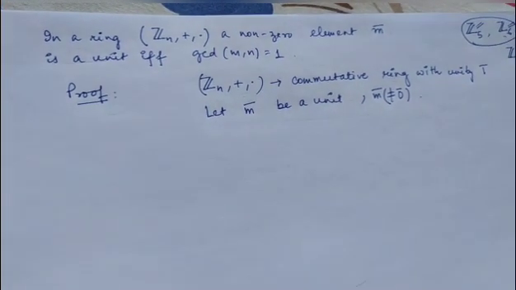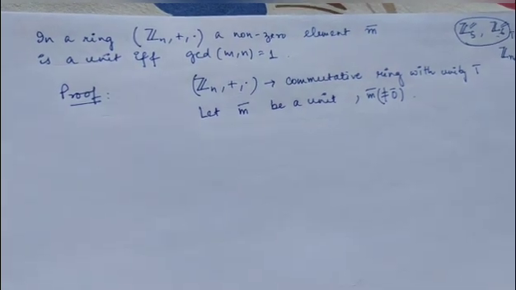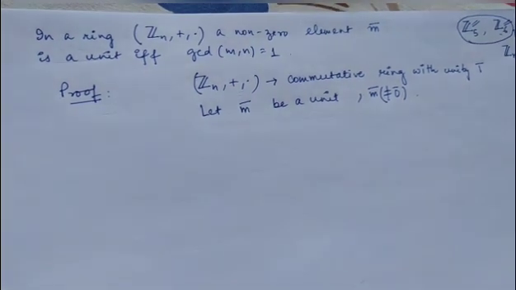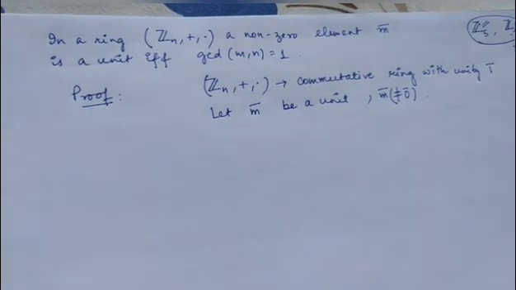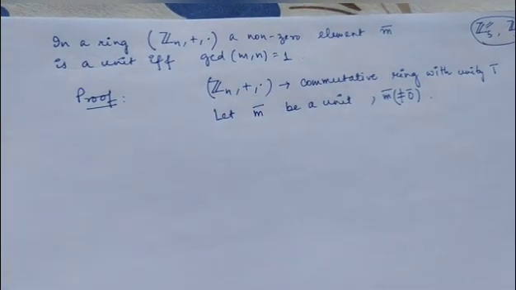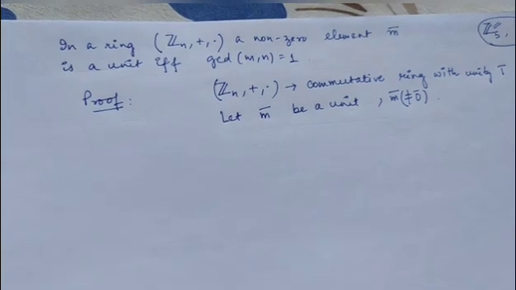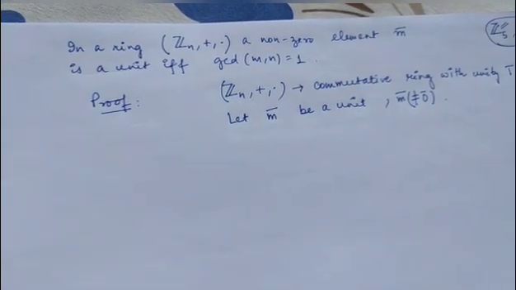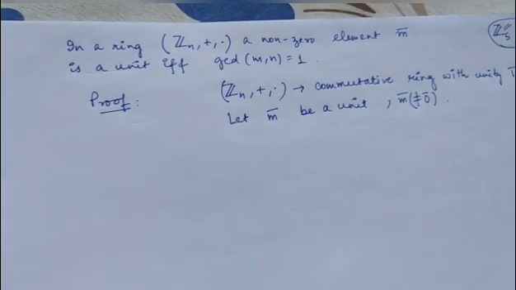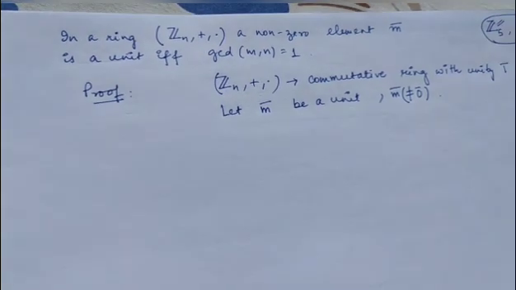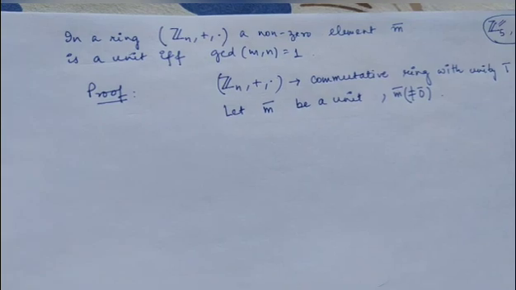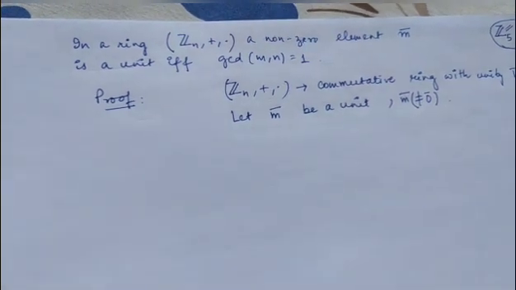Whenever I say it is a non-zero element, it is always in the sense of rings, and when I say it is a zero element, it is always in the sense of rings. Zero element means identity element, to be very precise, additive identity element, because a multiplicative identity element does not exist for every ring. Maybe it exists for Zn, plus, dot, but not for every arbitrary ring.